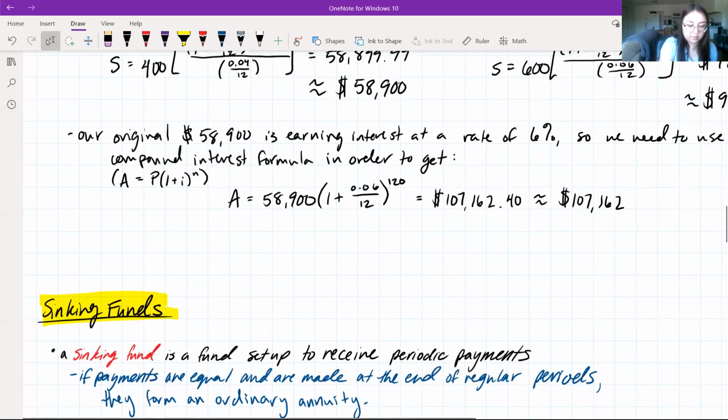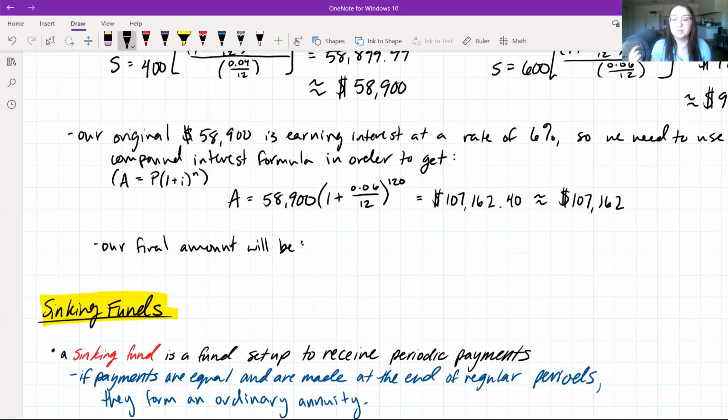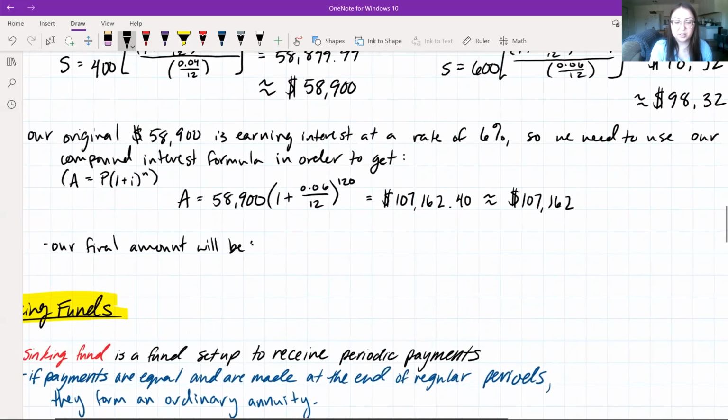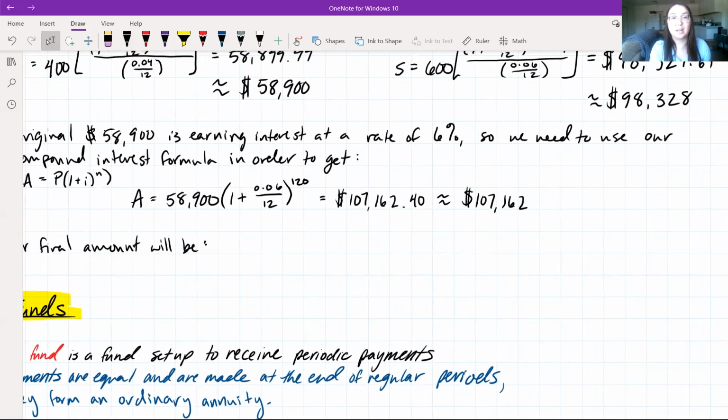So our final amount will be both of these values. So the compound amount that we found from our first period in addition to the amount that we found from our second period.